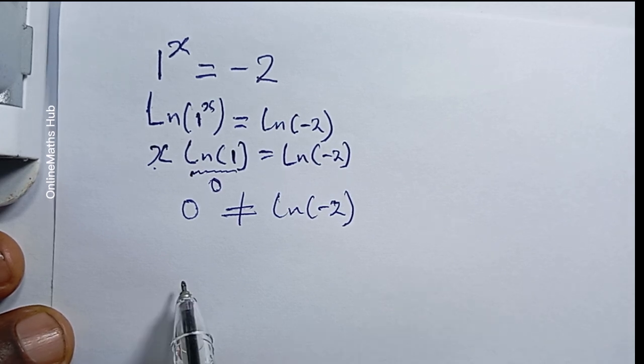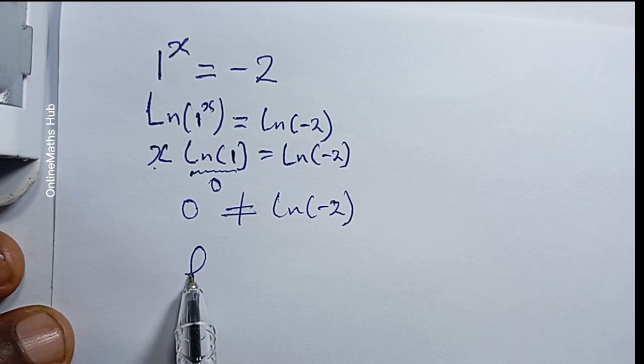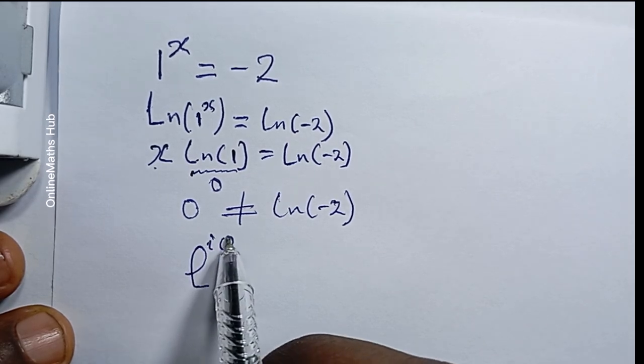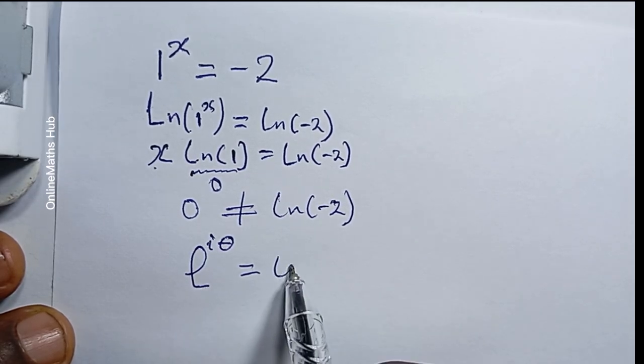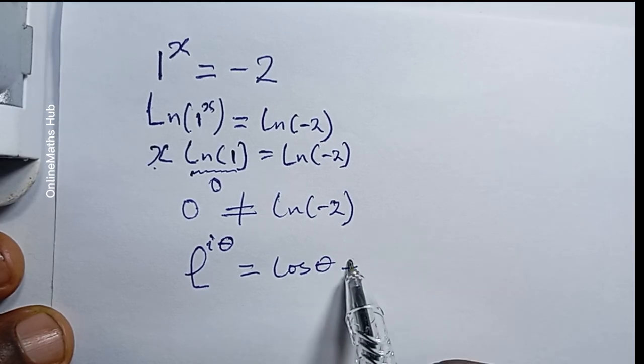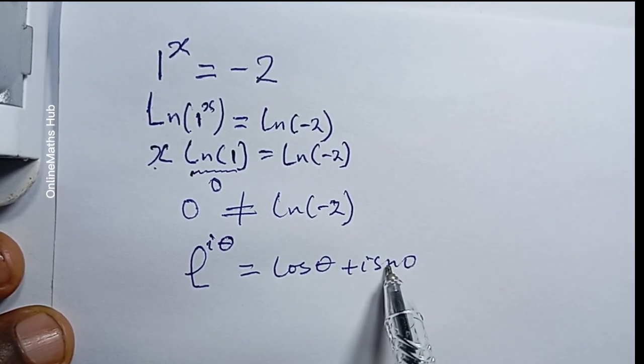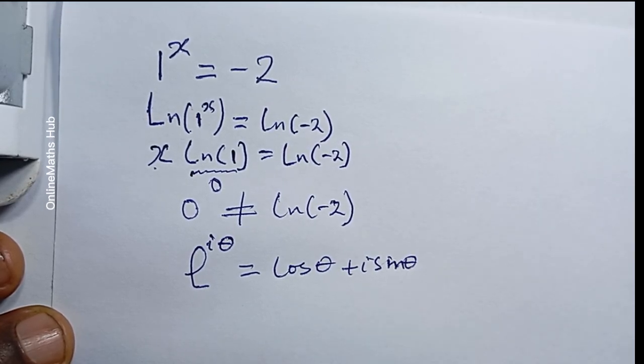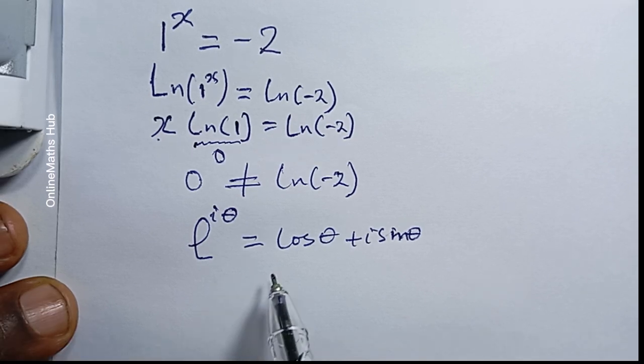If you remember the polar exponential equation, exponential i theta is defined as cos theta plus i sine theta. This is also called the Euler formula.